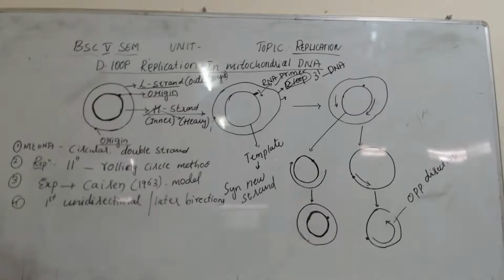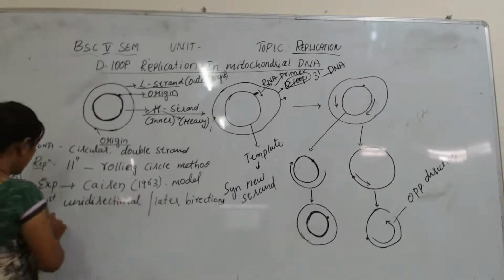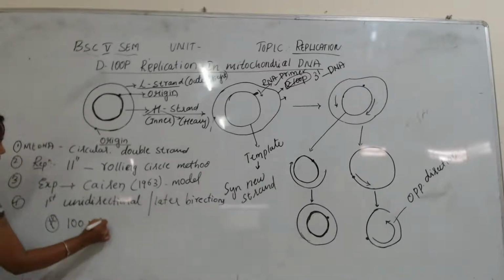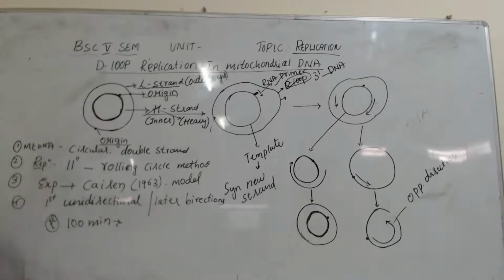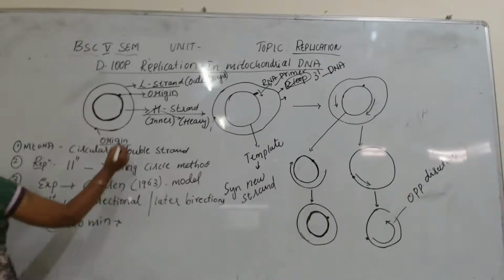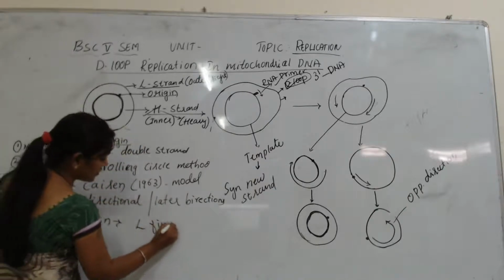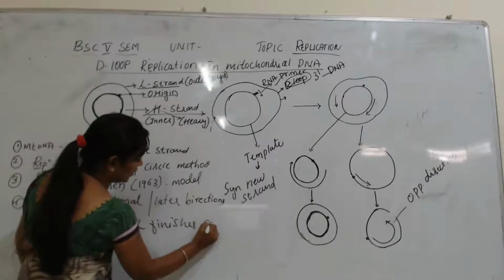So L strand replication is very slow from its original place. About 100 minutes it requires to replicate DNA. The synthesis of the new strand L is finished over here, then the H. L finishes replication earlier.